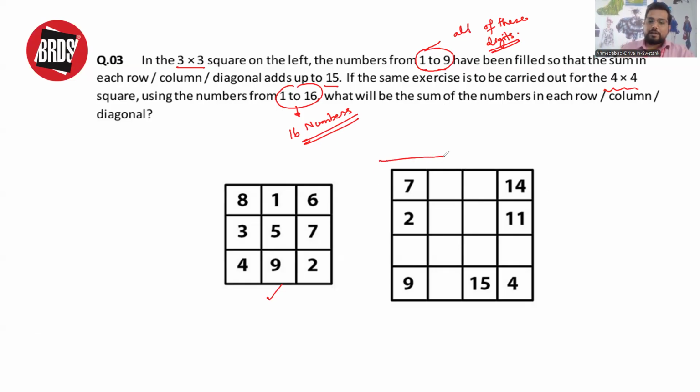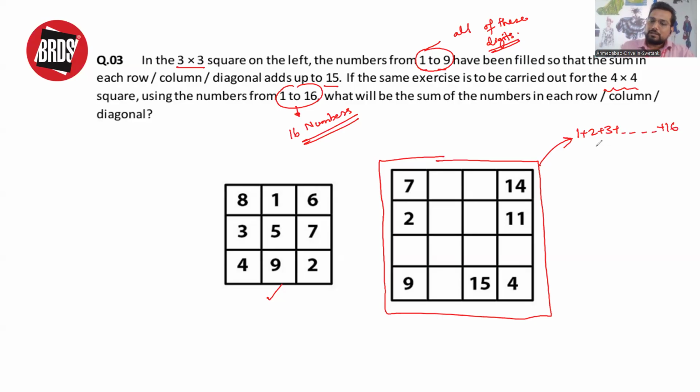So if we sum the whole matrix, this is basically 1 plus 2 plus 3 up to 16, which by using the formula n into n plus 1 divided by 2, we can very simply get as 16 into 17 divided by 2. That is the sum of the whole matrix. But after this, they have said it has to be divided equally in rows, columns and diagonals.